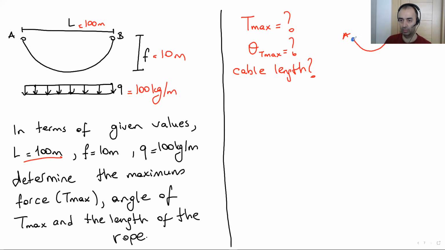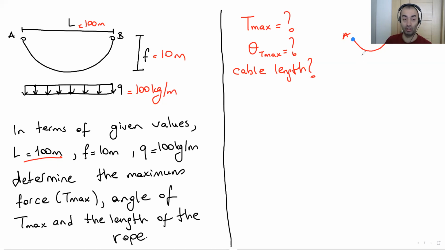A is at a lower point than B, so this portion gives us the maximum tension load. Here we have equal levels for points A and B, so the maximum load occurs at one of these points.